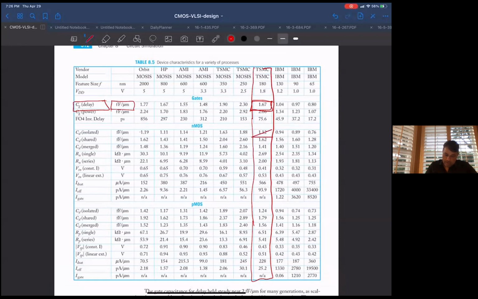You want to get C sub D for the NMOS, R sub N for the NMOS, and then C sub D for the PMOS and R sub P for the PMOS. Those are the values we're trying to get in steps 2, 3, and 4.